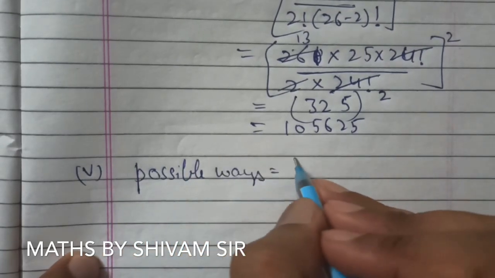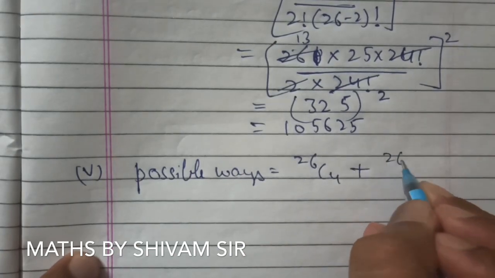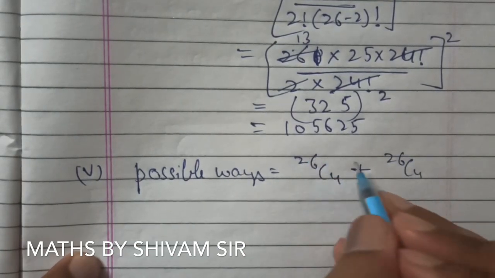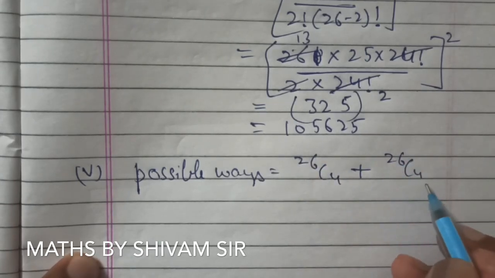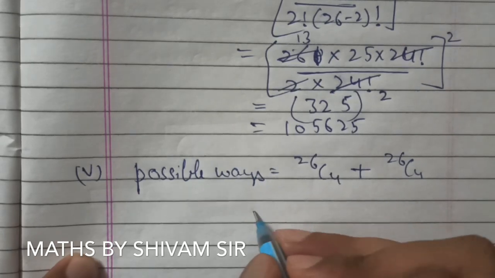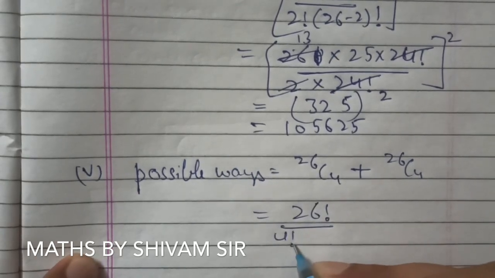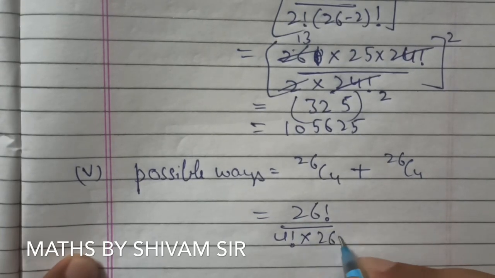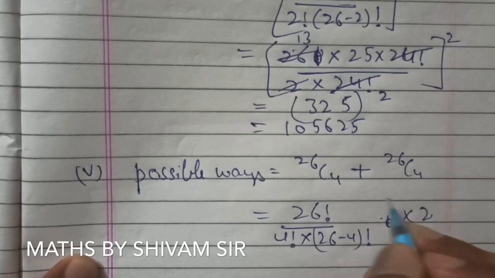So two possible ways is equal to 26C4 plus 26C4. This is for red card if we select all 4 cards of red color. If we select all 4 cards of black color, this is for that. So 26 factorial upon 4 factorial multiply by 26 minus 4 factorial, right? Multiply by 2 we can say, because these two are same.